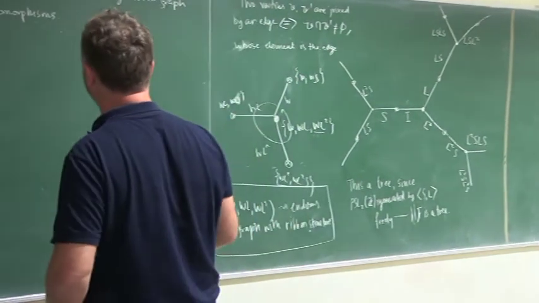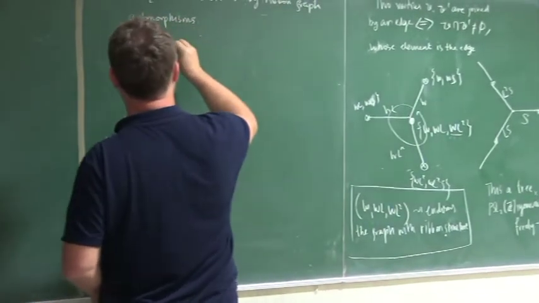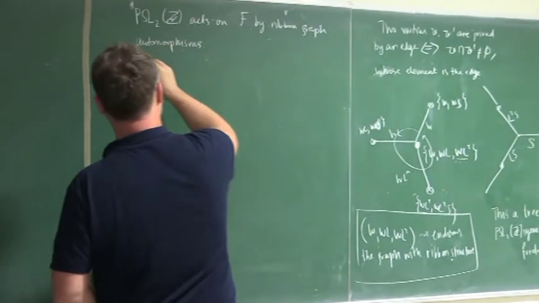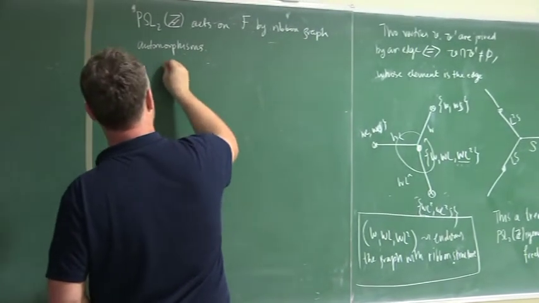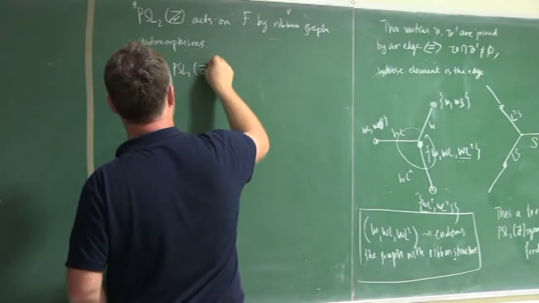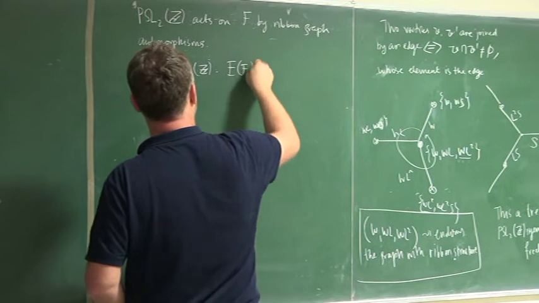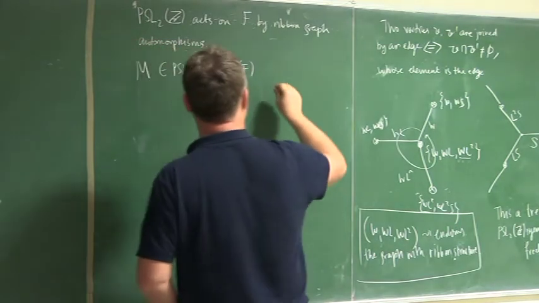How does it act? The action is by M in PSL2Z. First of all, I must define an automorphism of the tree.